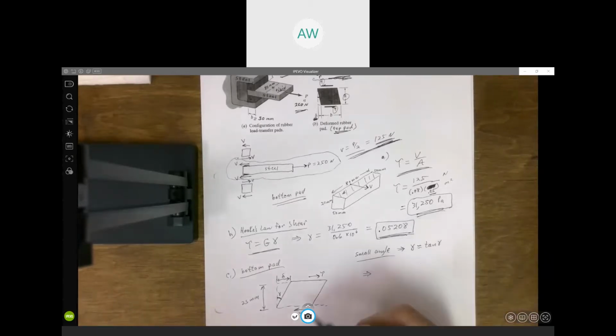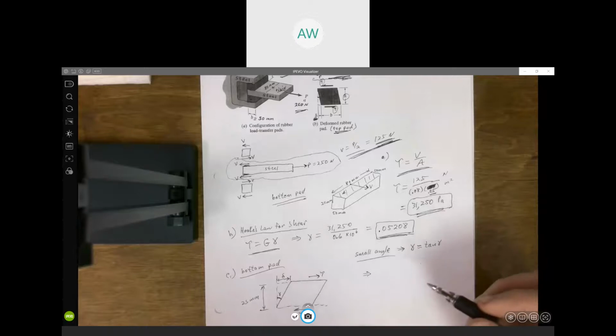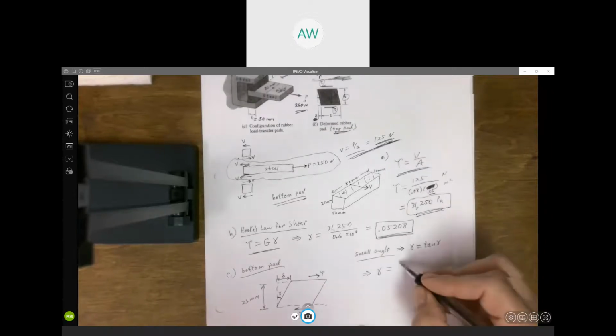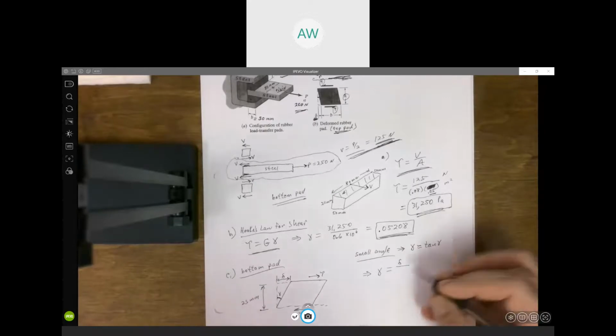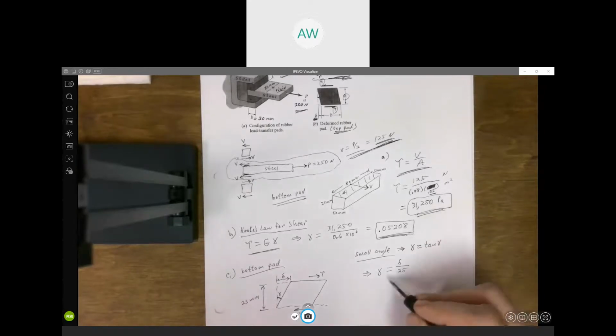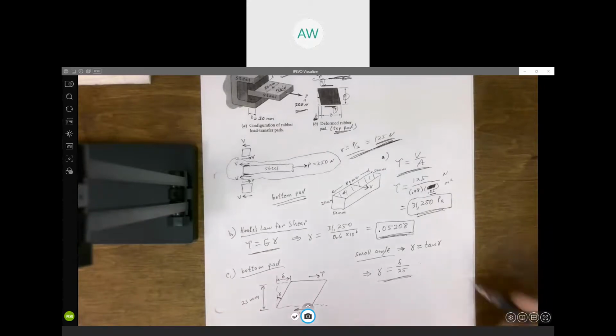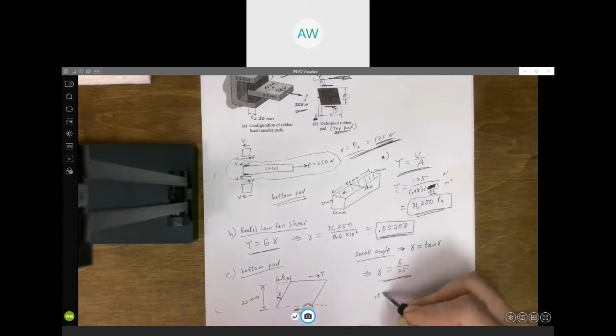So tangent is going to be opposite over adjacent. It'll be delta over 25. And we know what gamma is, right, this is 0.05208.